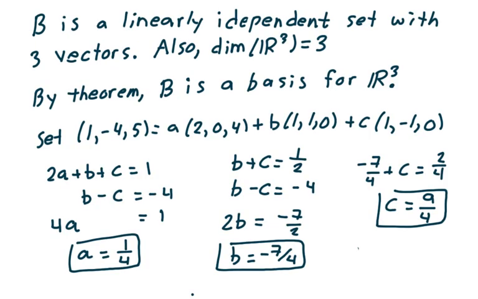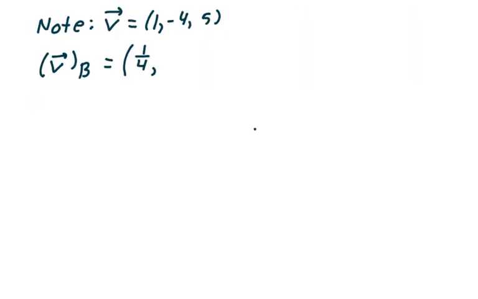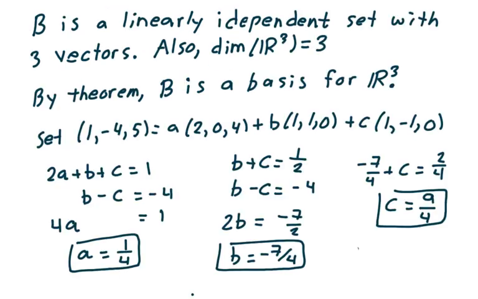The second coordinate is -7/4. And then the third coordinate is 9/4. So that's how we do problem number 8, all of it.